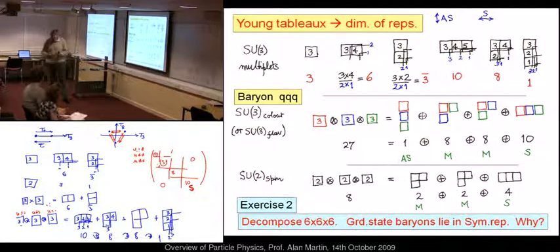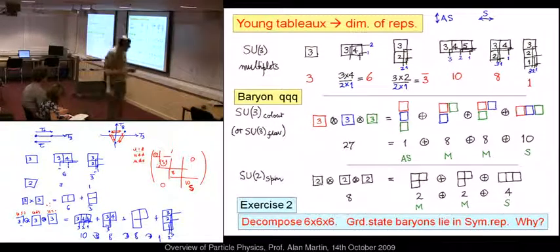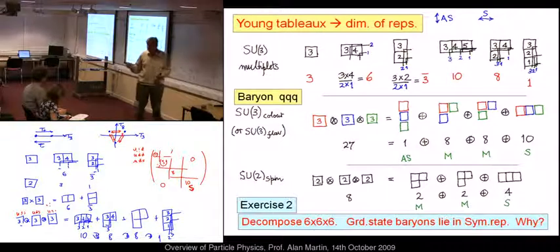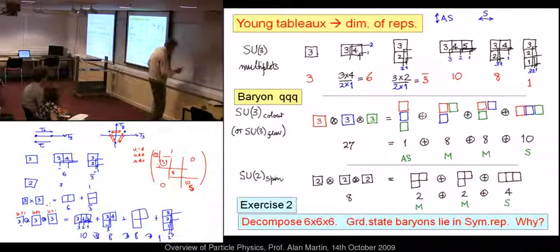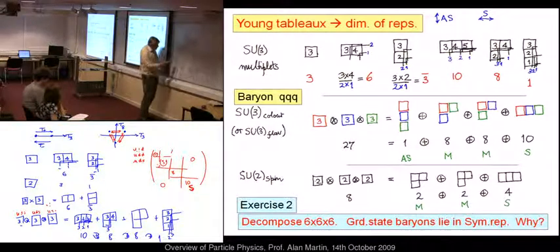When do you have the 3 bar? The bar is an anti-quark. A 3 is a box like that and a 3 bar is this.